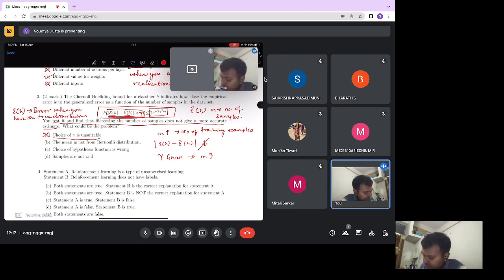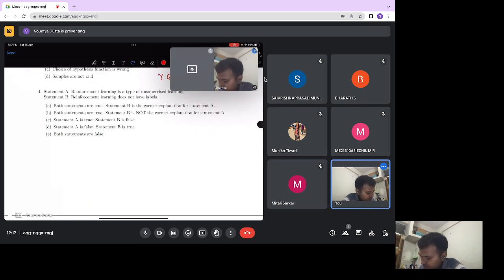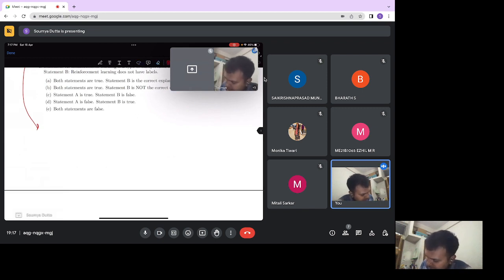Then, choice of hypothesis function is wrong. If you don't look at this from the point of view of this equation, but just think of this from a normal machine learning perspective, what is happening here is that training data is increasing in size, but the error is not coming down.